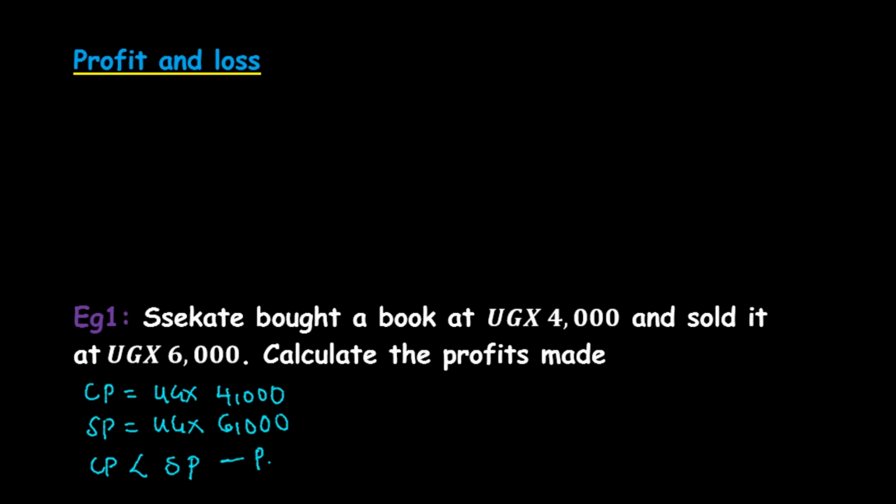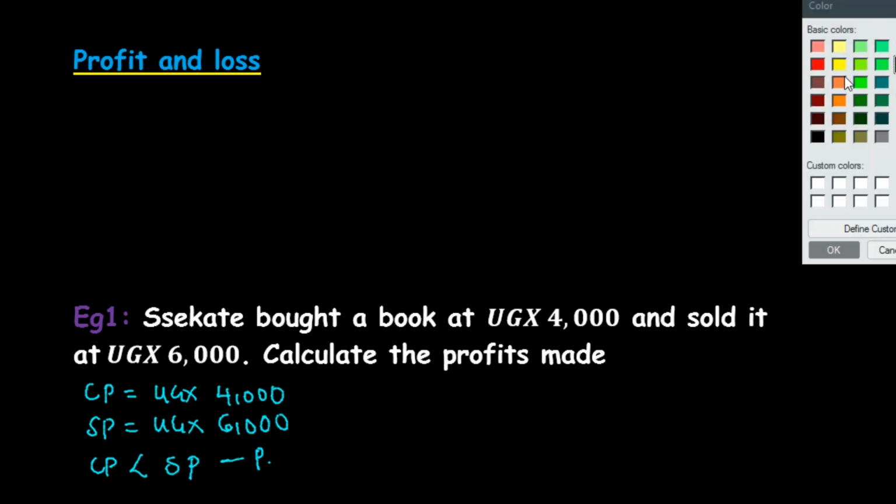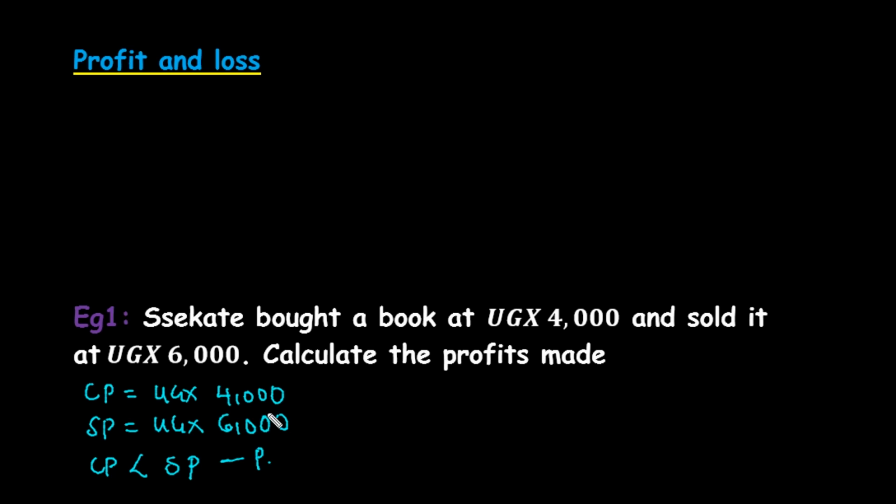A profit. And we said that we calculate a profit from the formula: Profit is equal to selling price minus the cost price. Is that okay? And the profit is equal to, what is SP? The selling price is 6,000 Ugandan shillings and the cost price is 4,000 Ugandan shillings.